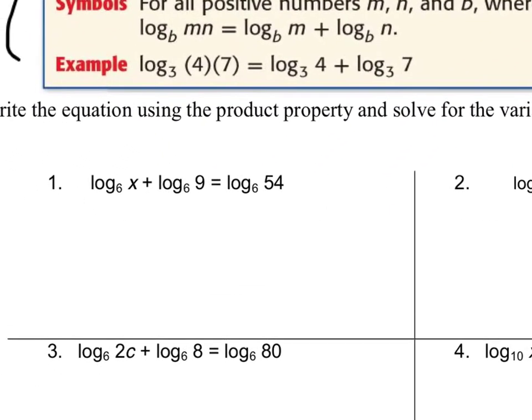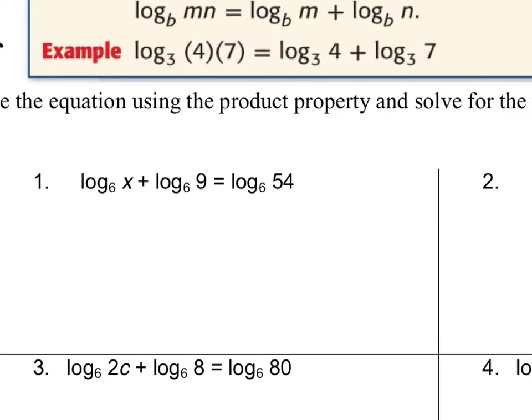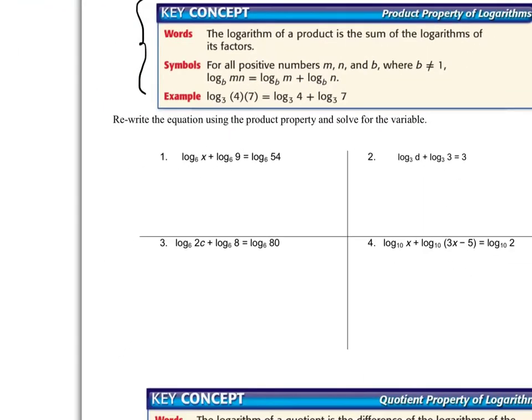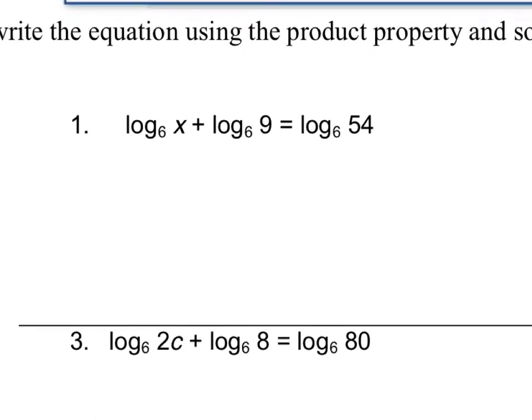Log base 6 of x plus log base 6 of 9 is equal to log base 6 of 54. So how can we do that? Let's try. Now I can combine those two to create 1. So log base 6, instead of x plus log base 6 of 9, I'm going to put 9x is equal to log base 6 of 54.